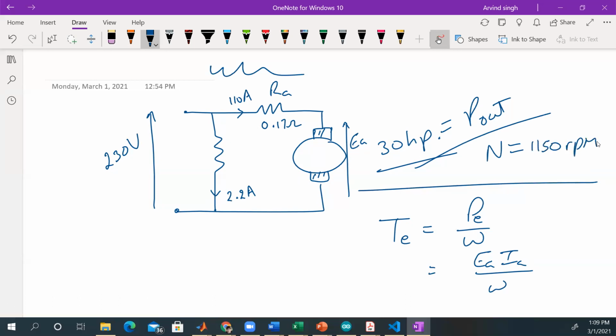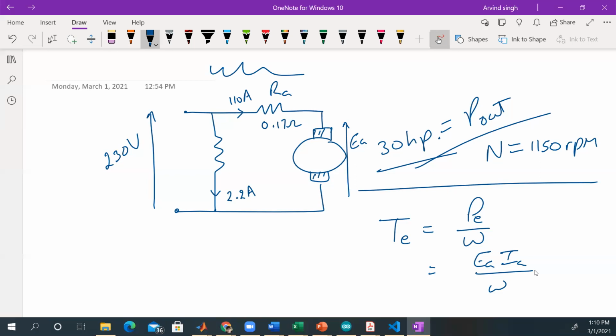So we could convert that to omega. Remember, RPM is revolutions per minute, and we want to convert that to radians per second, which is omega. One revolution is 2 pi radians, so we multiply by 2 pi, and then we divide by 60 to go from minutes to seconds.